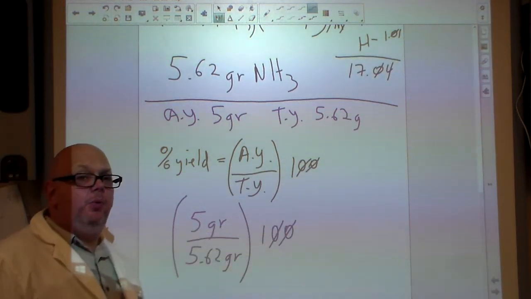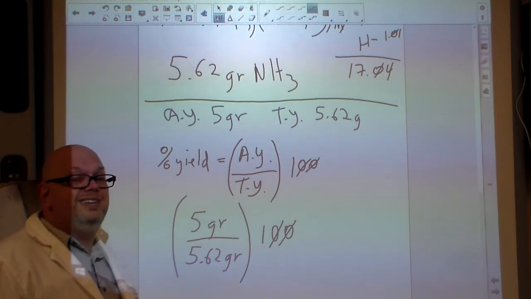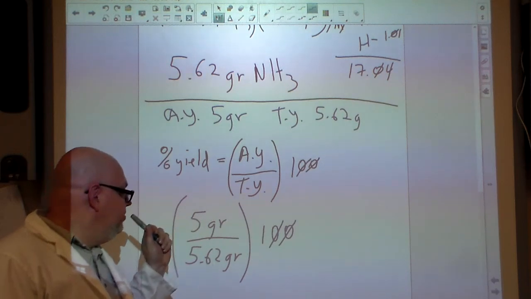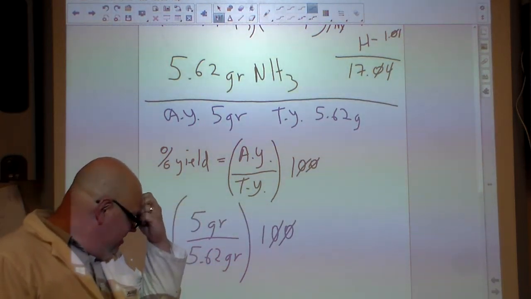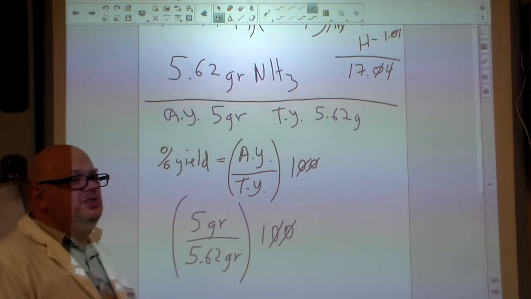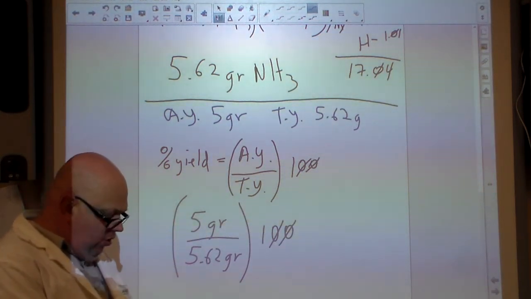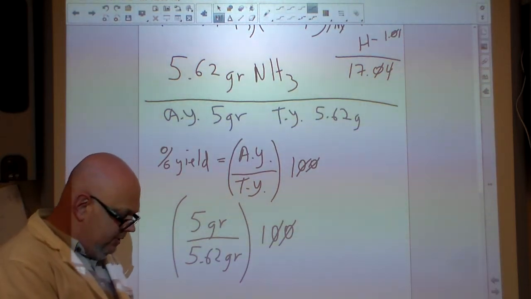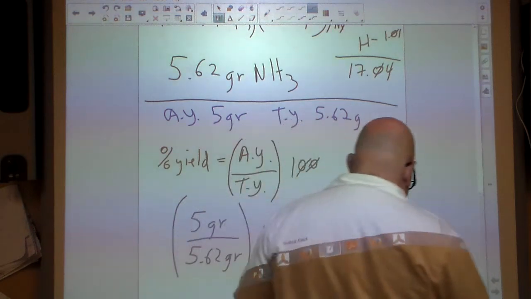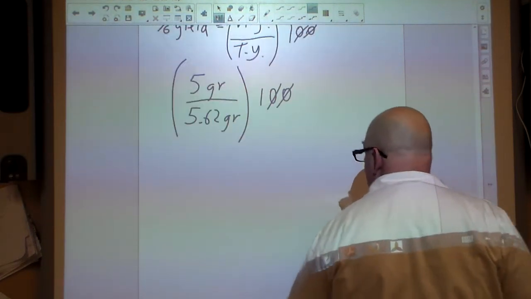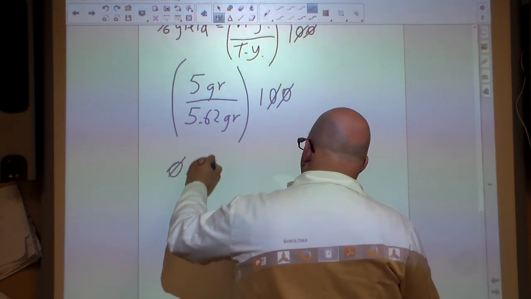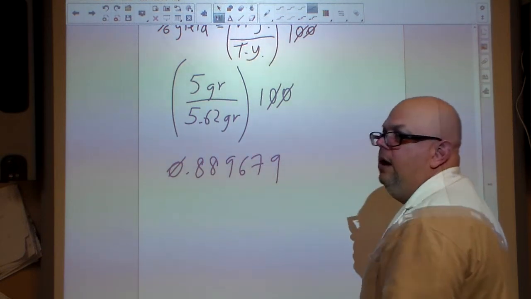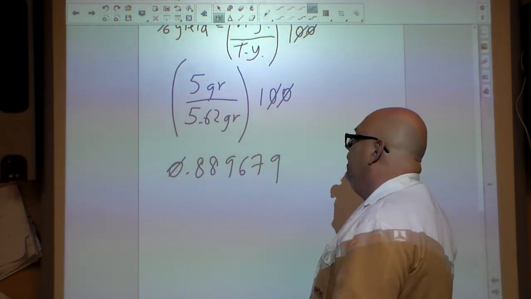Now remember, we have to multiply by 100 because if you just take 5 divided by 5.62, you're just going to get a decimal. And that's not going to give you the percent. If you put the decimal down as your answer, I can't give you full credit. No teacher honestly can. All right, let's do it. 5 divided by 5.62 equals 0.889679.